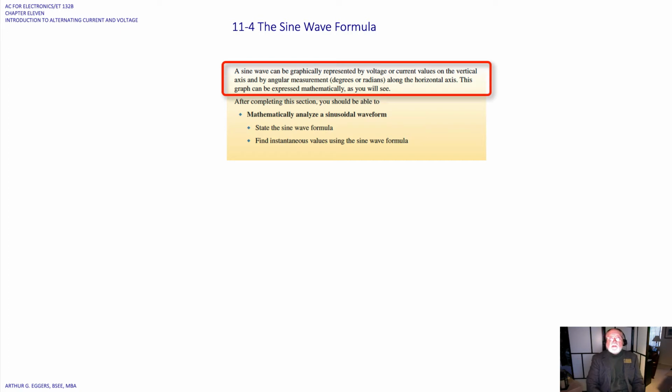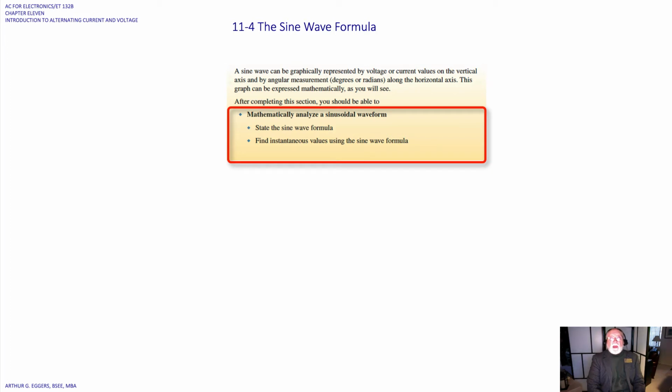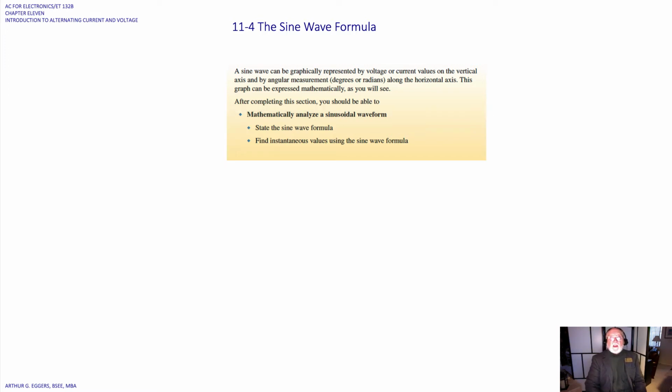So the graph can be expressed mathematically, as we're going to find out here. We need to look at the mathematical analysis of a sinusoidal wave so that we can state the sine wave formula clearly, so we know what we're looking at mathematically to match what we're looking at. And then we're going to find the instantaneous values using the sine wave formula.